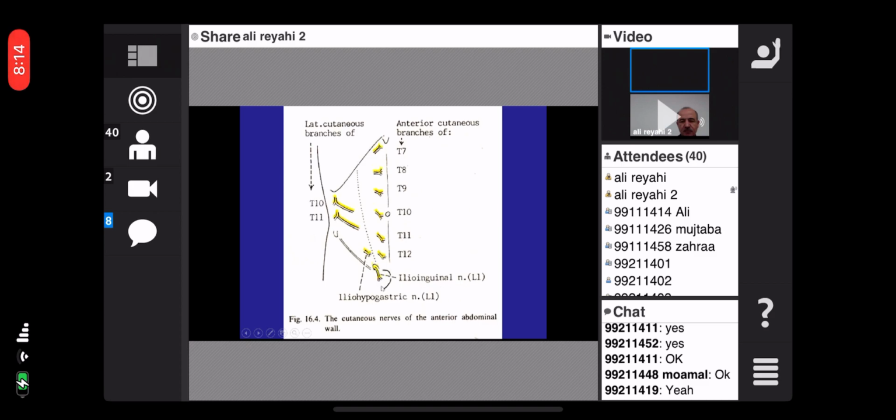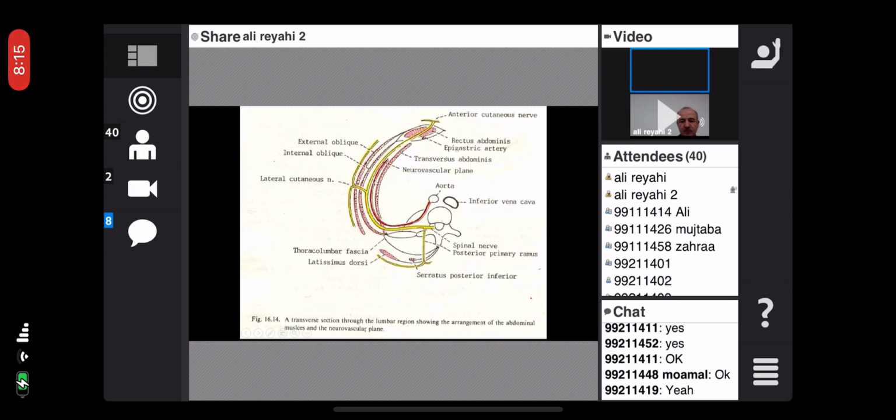It enters the spermatic cord, ilioinguinal nerve. Okay, and laterally, the skin of the flank between the costal margin and iliac crest is innervated by T10 and T11. T10 and T11.